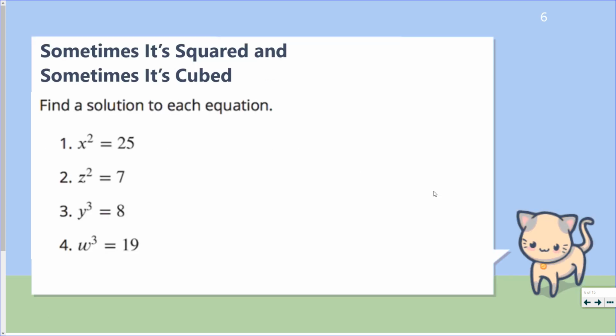Okay, so let's find some solutions to some of these equations, right? Remember that when I solve equations, we sometimes have to worry about pluses and minuses. So for example, if x squared equals 25, what could x be? Well, remember our work in quadratics: x would equal plus or minus the root of 25, so x equals plus or minus 5.